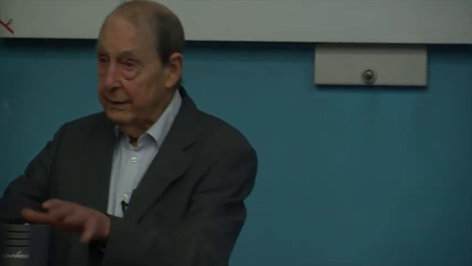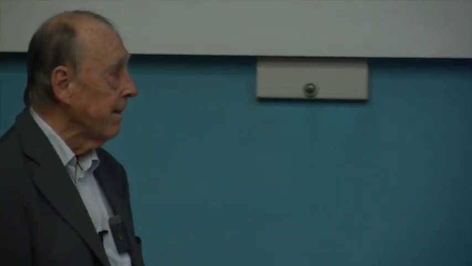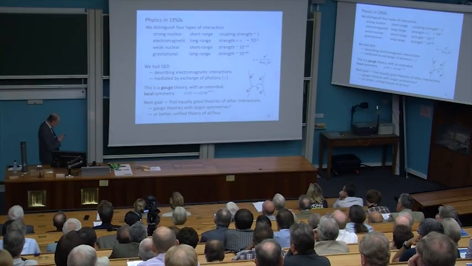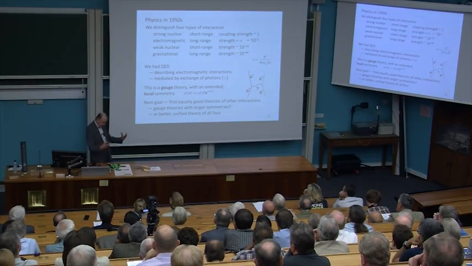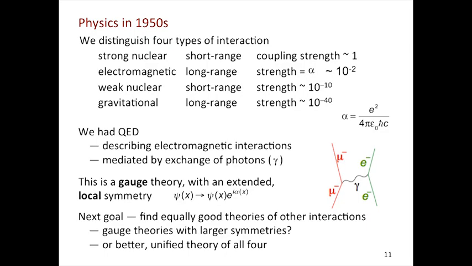You can change the phase completely arbitrarily in space and time, provided that you make corresponding compensating changes to the electromagnetic potentials. And this is only possible if you have an electromagnetic field. And gauge theories have a lot of nice mathematical properties. So the next goal beyond that was to find equally good theories of the other interactions, or better still, of course, a unified theory of all of them, something we're still looking for.